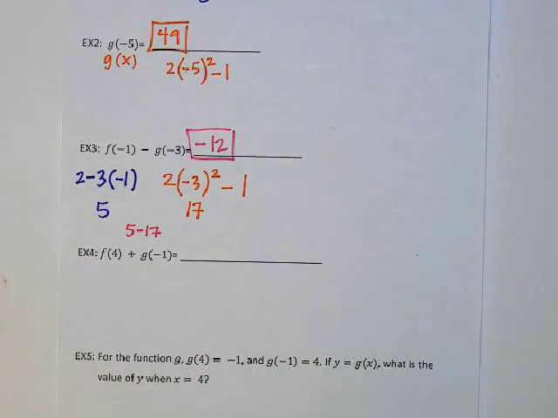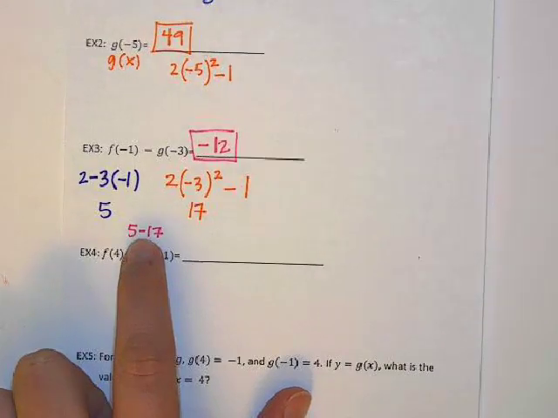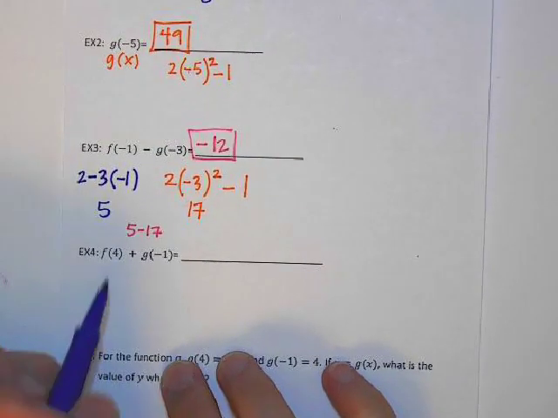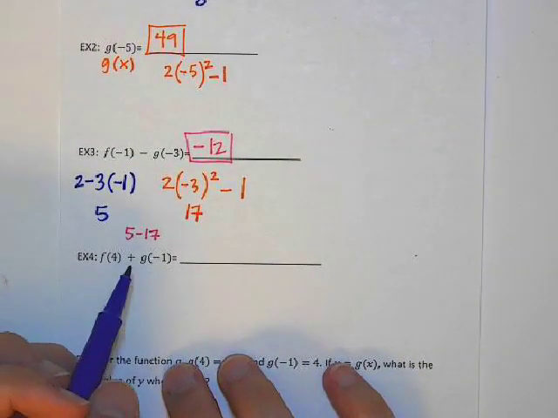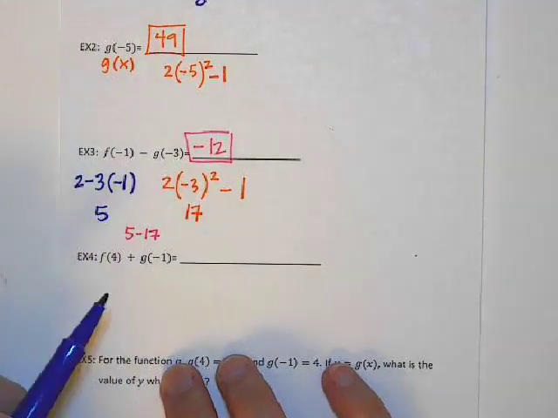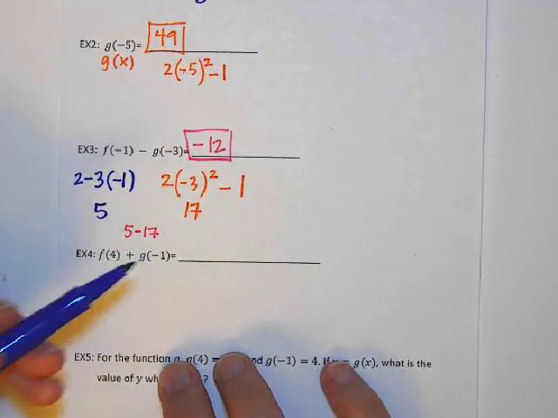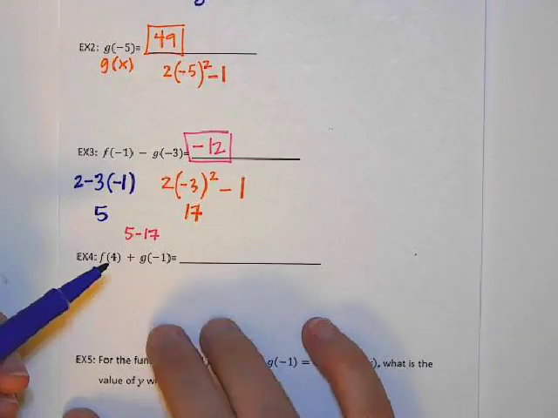What am I doing on this one? Same thing, but now instead of subtracting, I'm going to add. So start with your F. Could you put the whole thing in the calculator instead of doing it separate? Yeah, but I want you to do it separate. So first I'm going to start with f of 4.